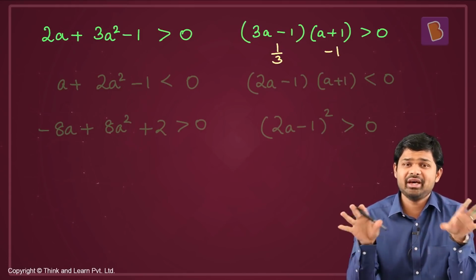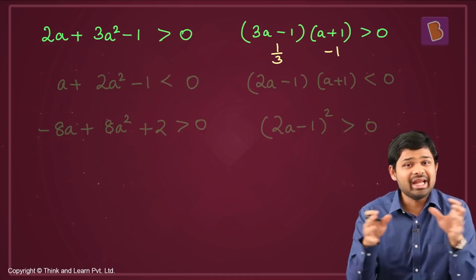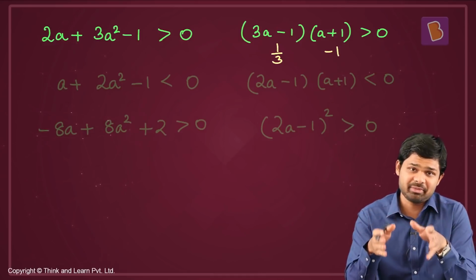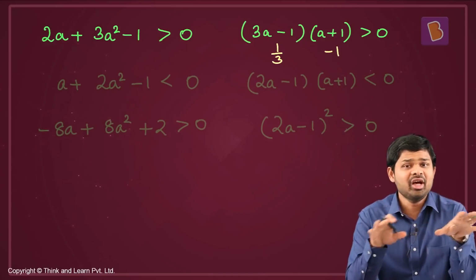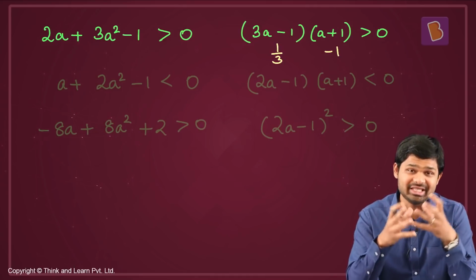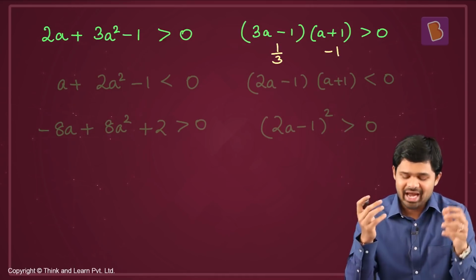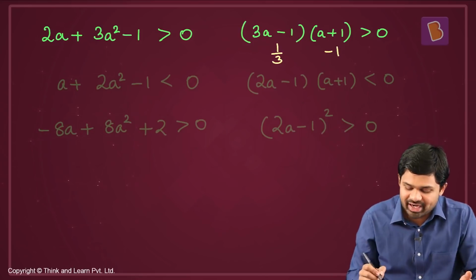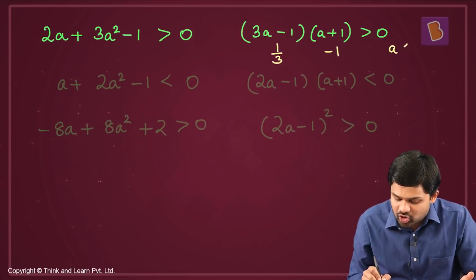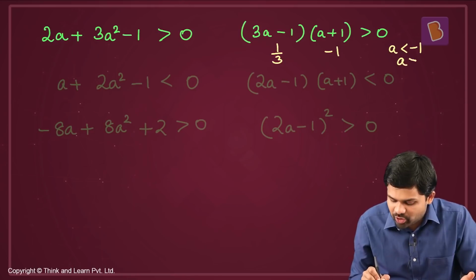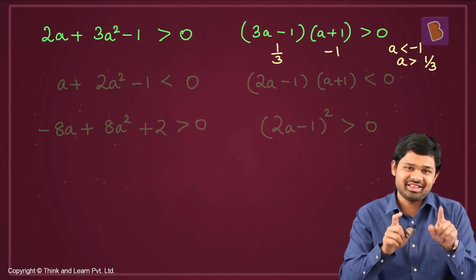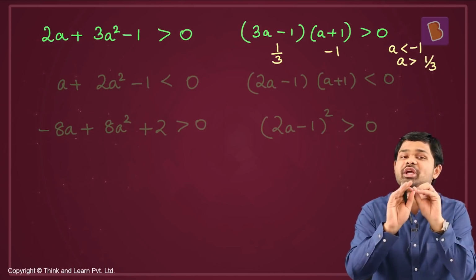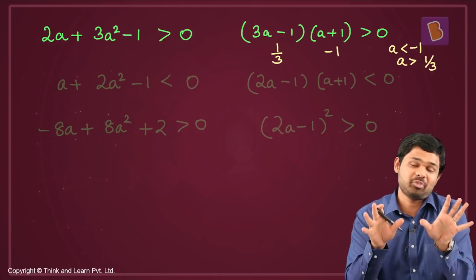So divide your entire values of a into three intervals separated by negative 1 and 1/3. Find out the value of this expression in all the three intervals, and you will immediately find out that for this expression to be satisfied, you have the value of a to be less than negative 1 or a to be greater than 1/3. So this one inequality is going to give you these two regions as possible values of a.